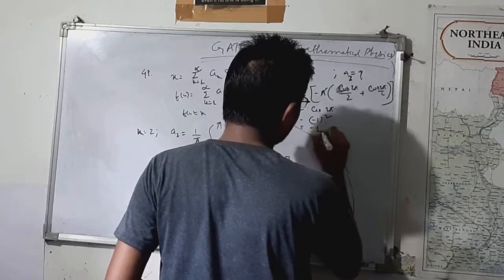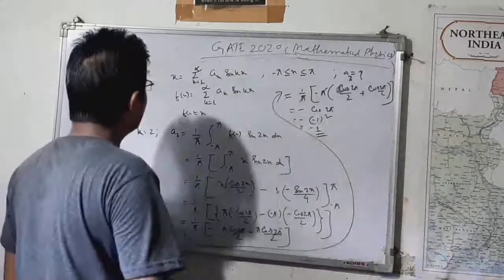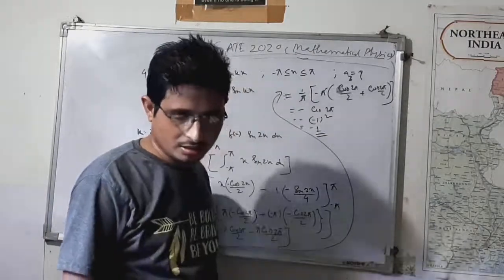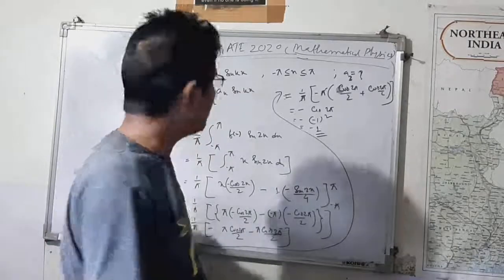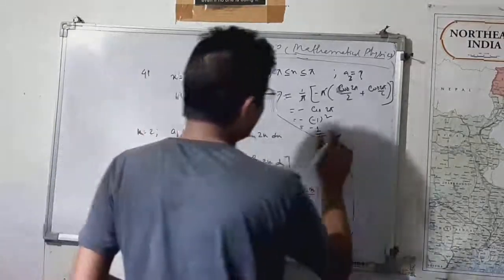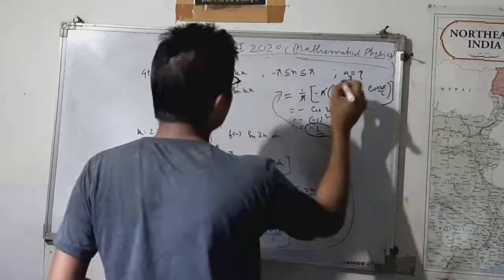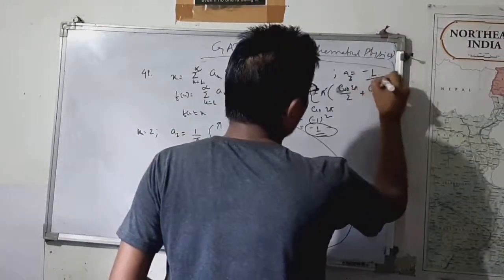So your answer will be minus 1. So this value a2 is equal to minus 1.